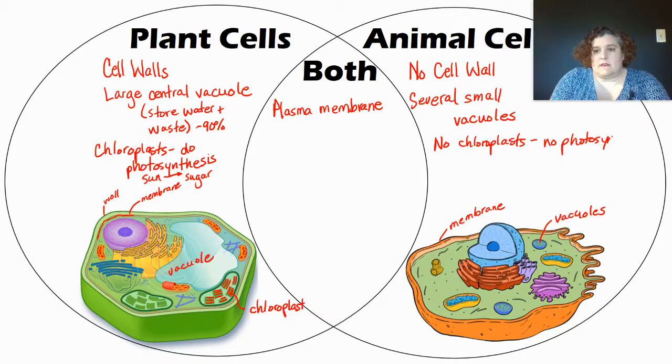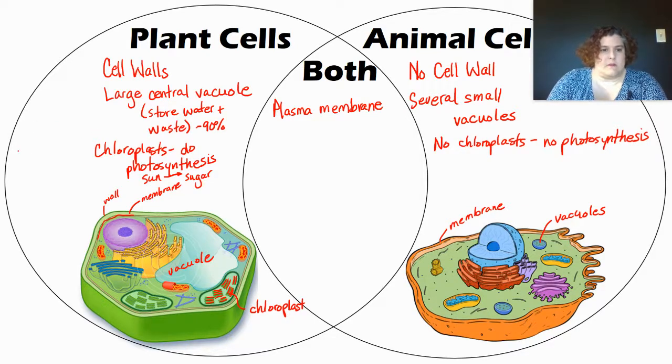So if you think about it, as an animal, you don't have the ability to lay out in the sun and eat the sunlight, right? You don't produce your own sugars. You have to actually take them in from your diet. Plants make their own.